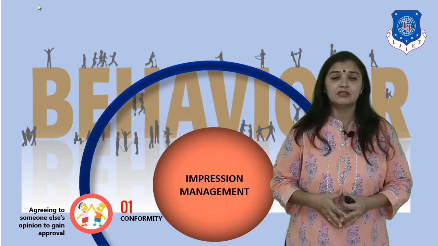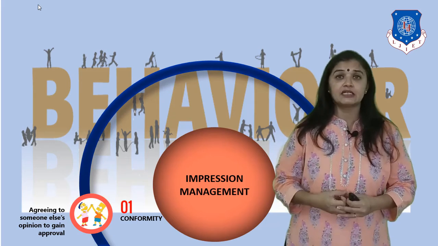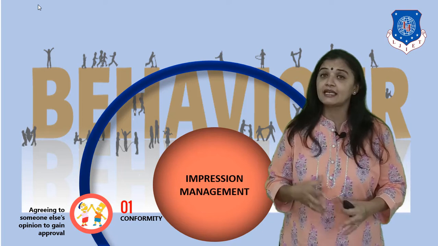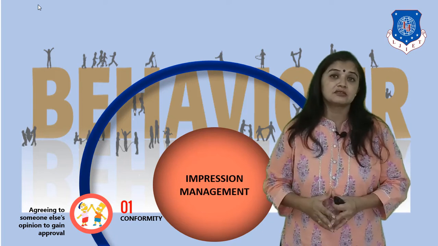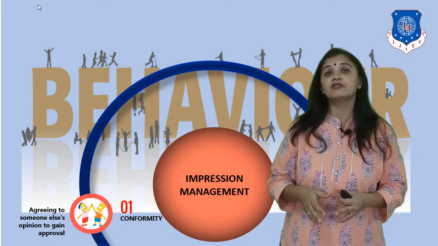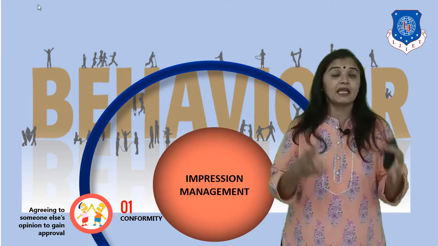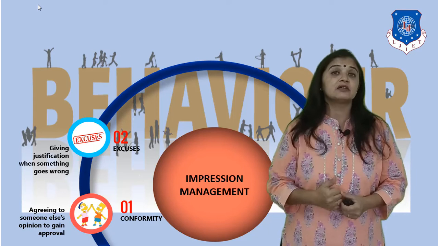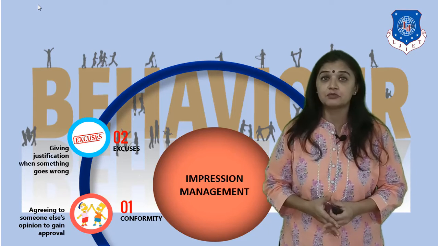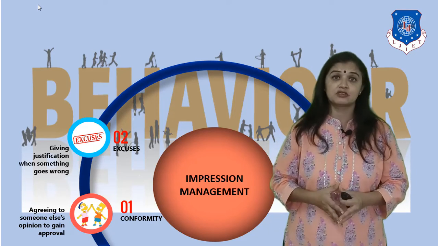For example, telling your boss immediately that it is a good idea and it needs to be implemented. It may cause an adverse result, but on the spot you have created a good impression by agreeing with the boss.